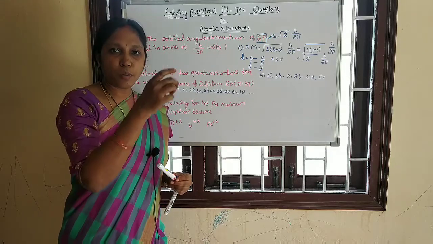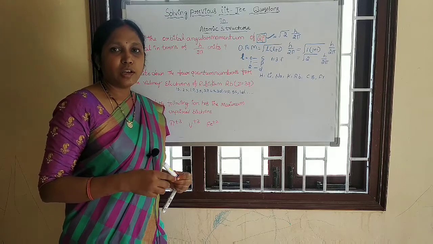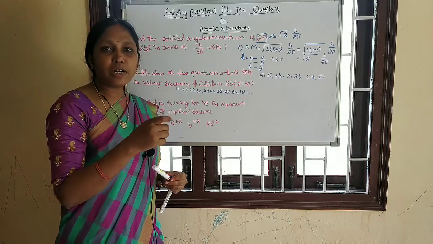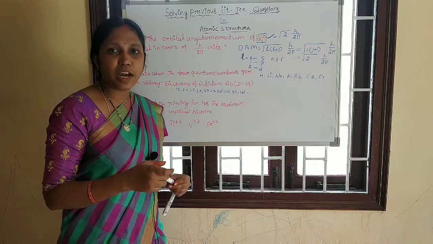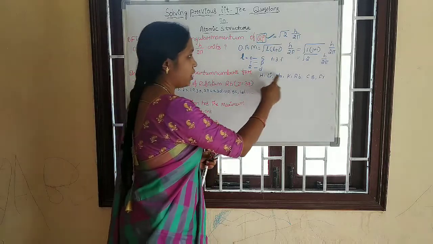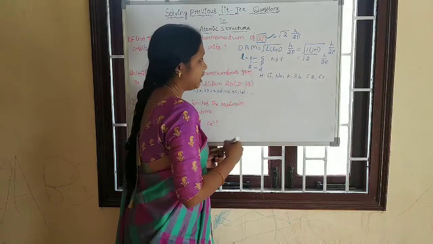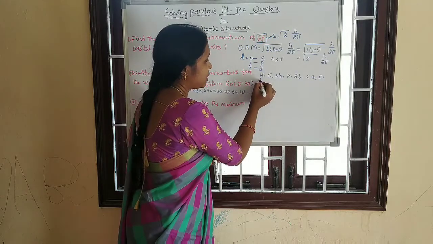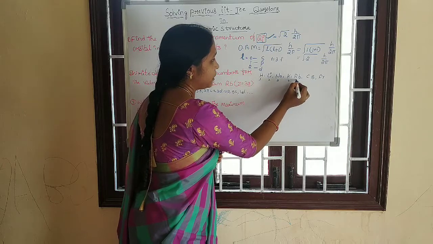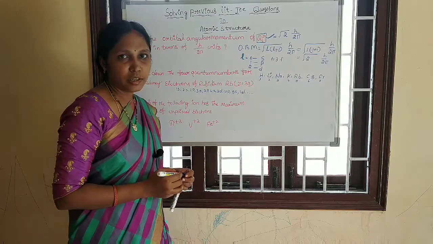See, in the long form of the periodic table, there are 7 periods and 18 groups. So these group elements include a first period element, second period element, third period, fourth period, fifth, sixth and seventh period element.